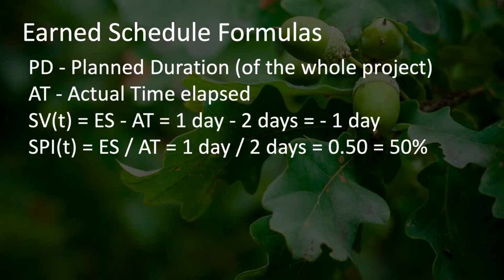Using earned schedule analysis requires that we introduce a few new variables. PD is planned duration, that is the planned duration of the entire project. And AT is the actual time elapsed. In our example, the planned duration is 10 days, and the actual time elapsed is 2 days.